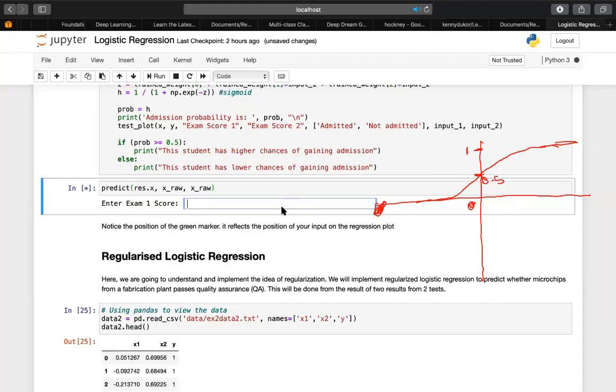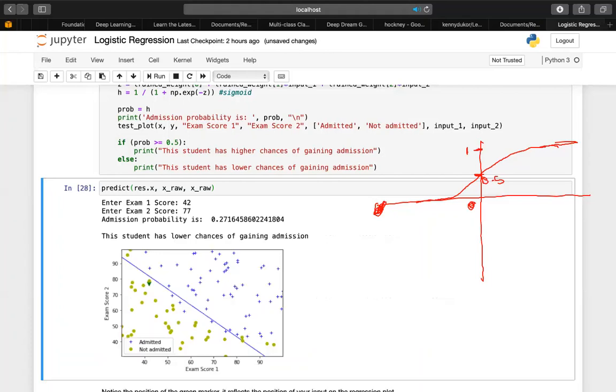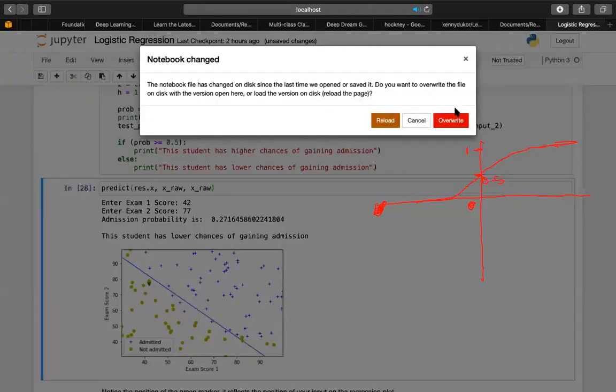Sorry, there's another lady. Please signify, I can't know all the ladies by their names. 45, yeah? No, I said 42. 42. Okay. Then exam 2. 77. Okay. CPT, you won't get the admission. I'm so sorry.